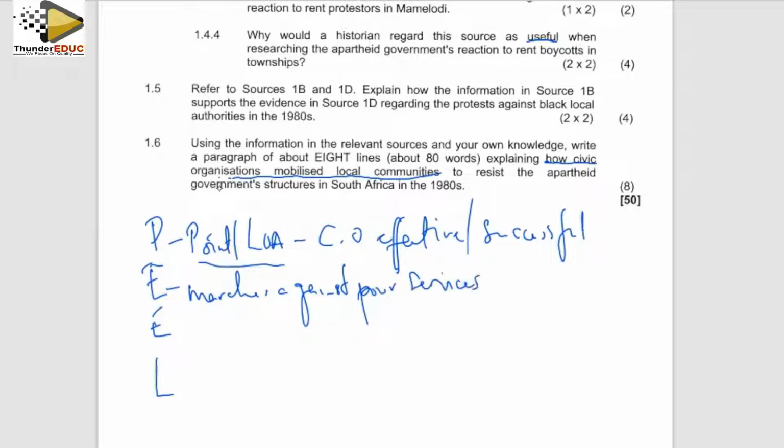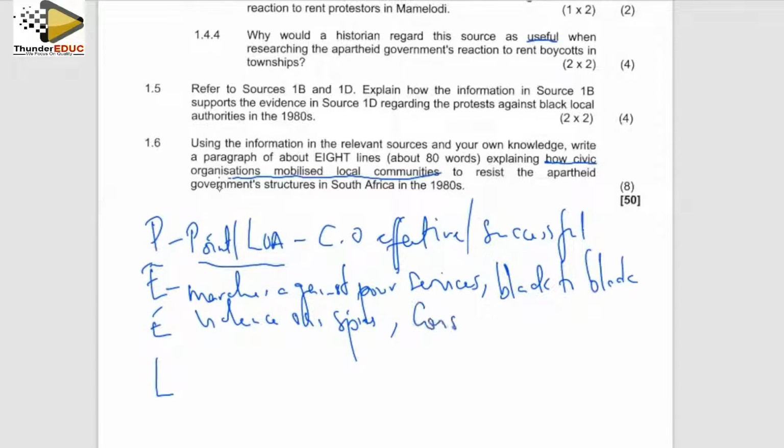Or they were able to mobilize people to engage in Black-to-Black violence on spies, on sellouts, people who were spying on the Black movements. Or you can also explain that the civic organizations were able to mobilize Black people to engage in consumer boycotts. They were able to mobilize Black people to refuse buying from white-owned shops and from shops of those collaborators who were working with the apartheid government.